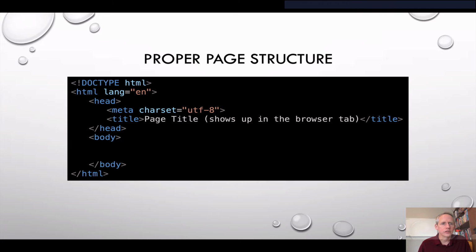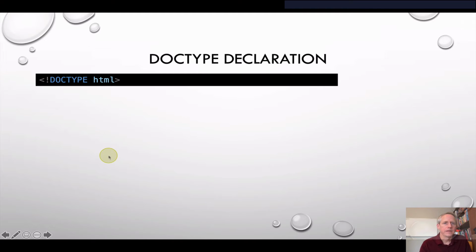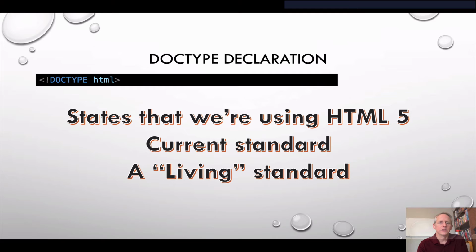So proper page structure looks like this. Starts with that doctype, then there's the HTML element that starts here and ends here. Within the HTML element, there's a head and a body. We'll go through each line separately. So the doctype declaration. This one states that we're using HTML5. Notice that there is no 5 here. It just says HTML.